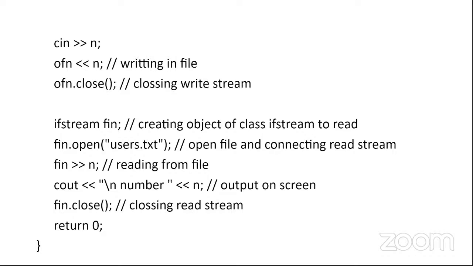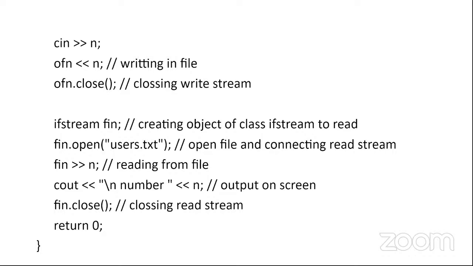Now if we want to read from that file, we use the ifstream class, and we create another object which is fin, and this object will help to read from that file. Then we use the open function again and give our file name, and with the help of our object fin, we attach our reading stream to the file.